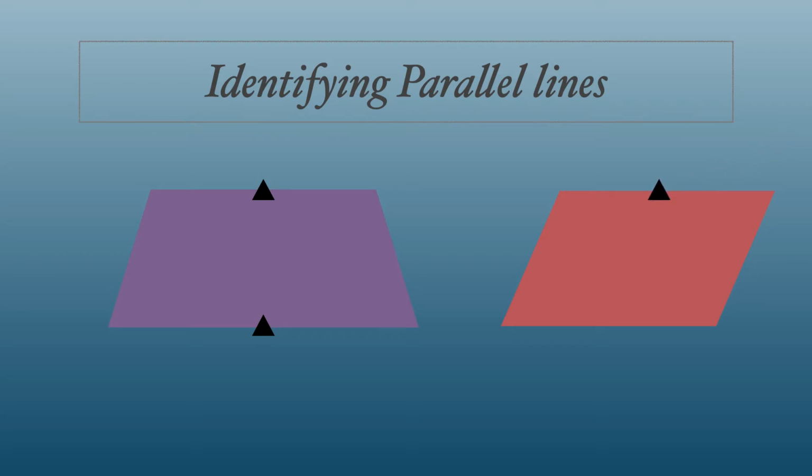So here's my first set, but if I mark the second set with triangles, those are not parallel to one another because they're not all four parallel. So what I have to do is add a second set of triangles, and now this is how I would mark that a parallelogram has two sets of parallel lines.